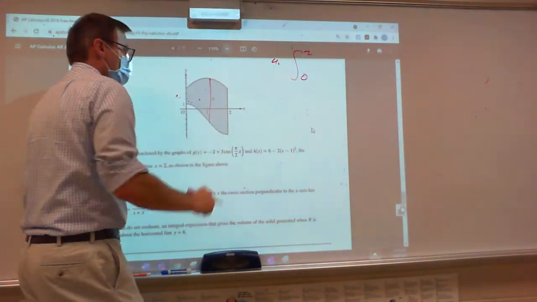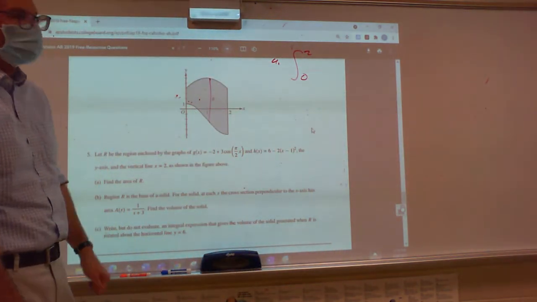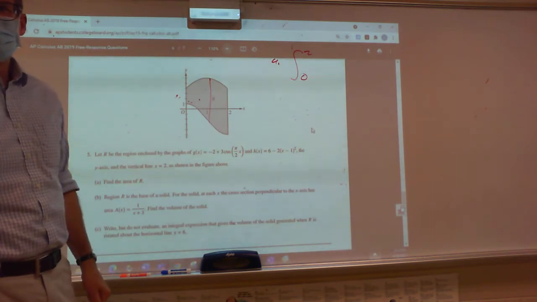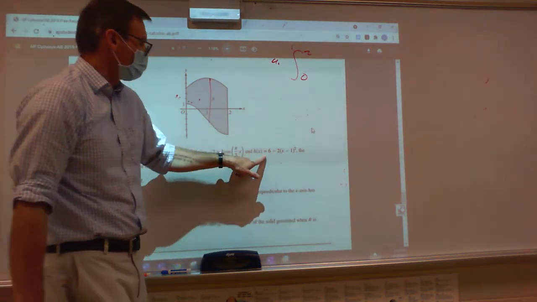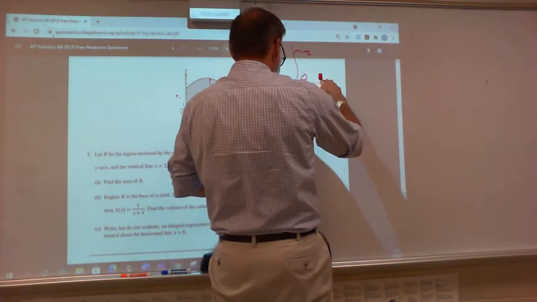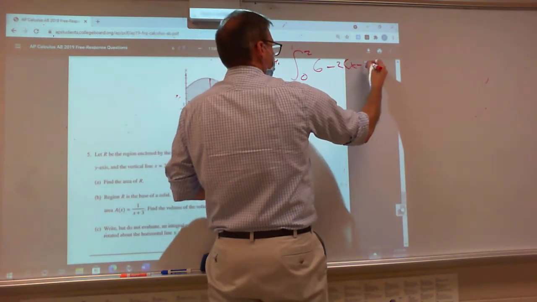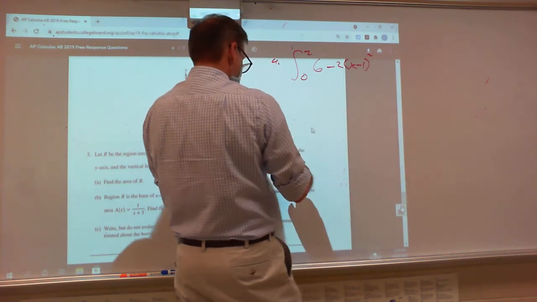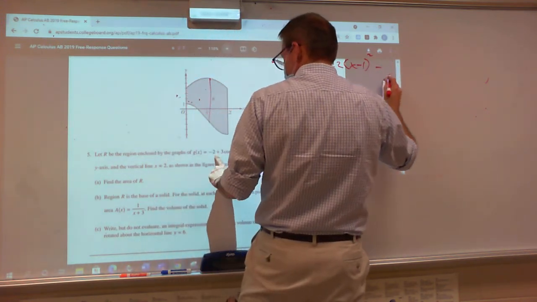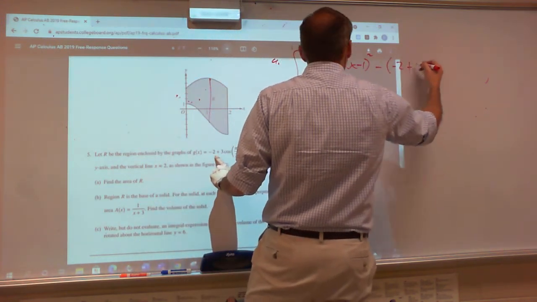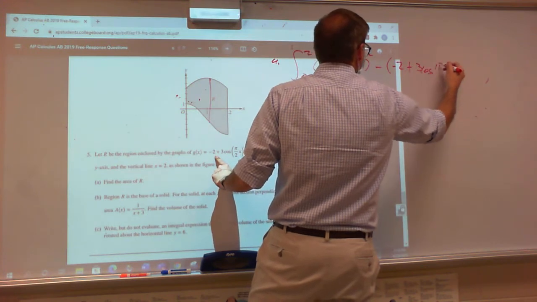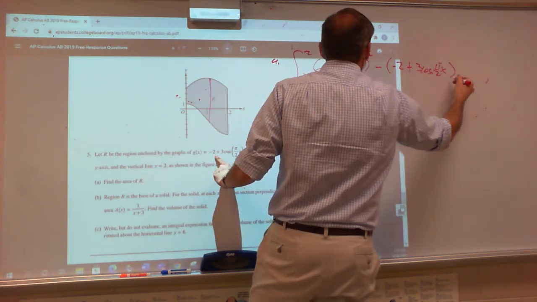And then if I do top minus bottom, which is the top function? This, right? Yeah, h. So that's going to give us 6 minus 2x minus 1 squared minus this thing, which is negative 2 plus 3 cosine pi over 2x.